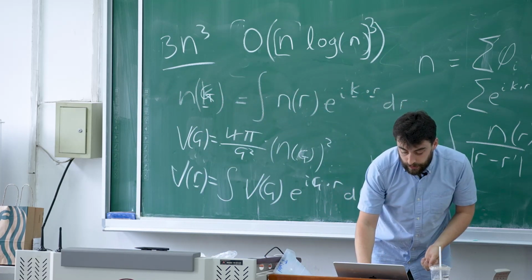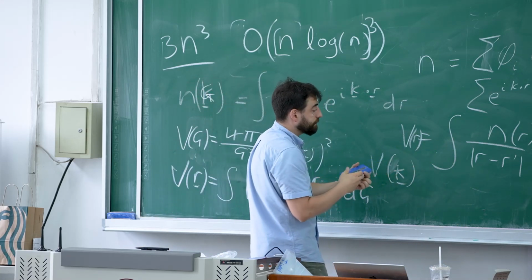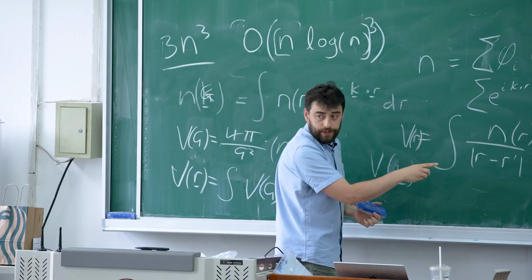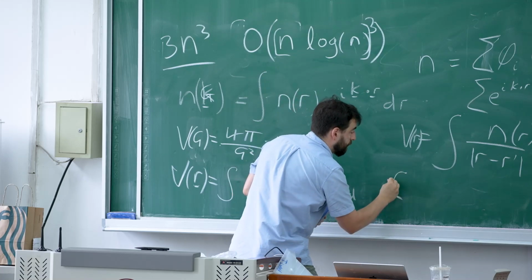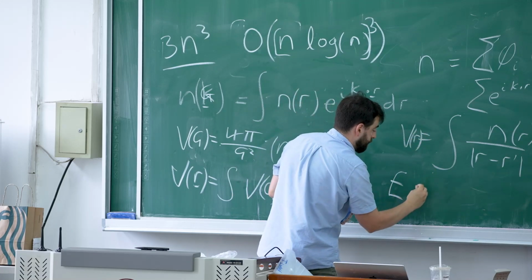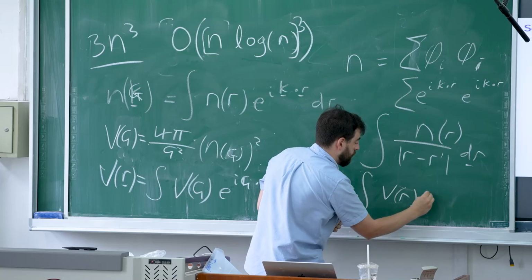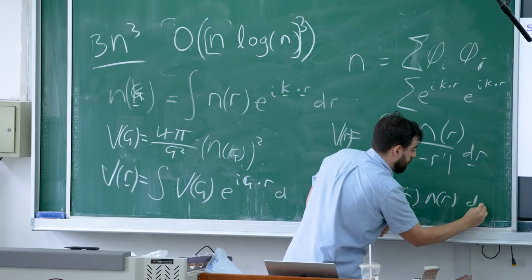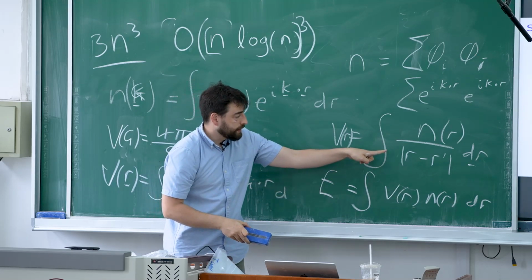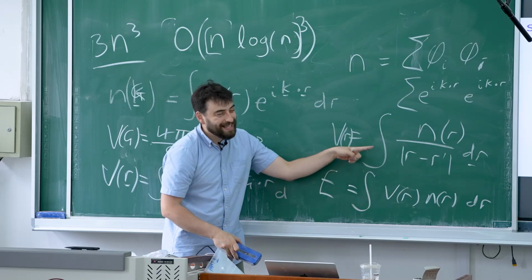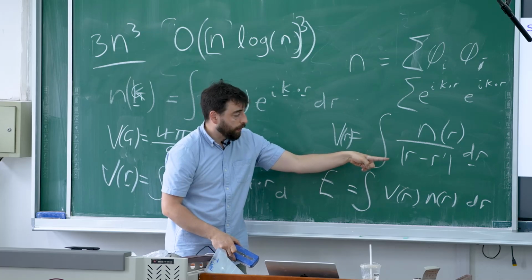The Hartree expression, I don't think I've actually written it down, but this is an n cubed operation, right? But if I want the energy, and I do it naively, I need to take the integral of the density in this way for every single grid point, right?